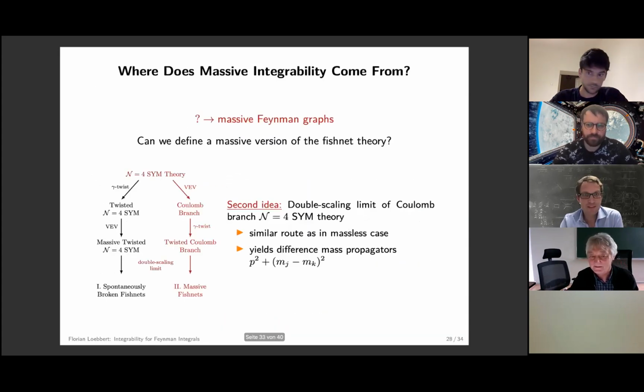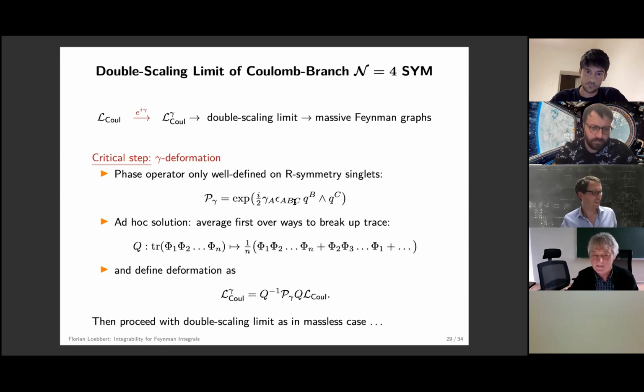Right. We introduced this particular ad hoc trick here with this operator Q. This is something we do because we see that it gives a theory which has nice properties. It would be good to have another justification for why this operator Q is the right thing to introduce here. This is a generalization of the initial prescription, because it works now without traces. Right, it's a generalization of the original gamma deformation.